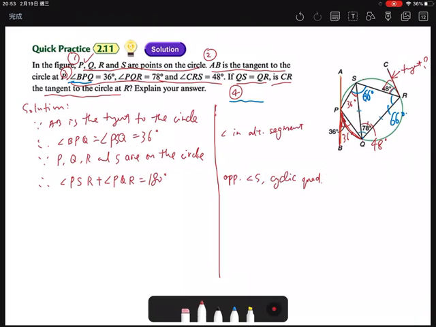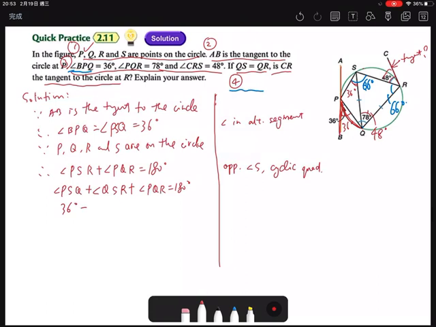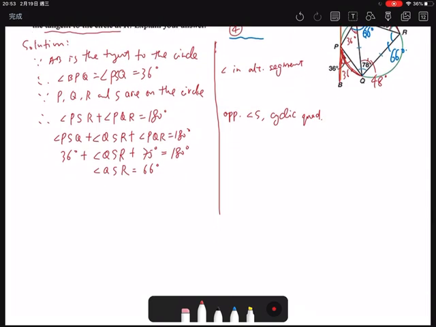So it means that angle PSQ plus angle QSR plus angle PQR equals 180 degrees. Substitute the numbers. So 36 degrees plus angle QSR plus 78 degrees equals 180 degrees. So angle QSR is 66 degrees.